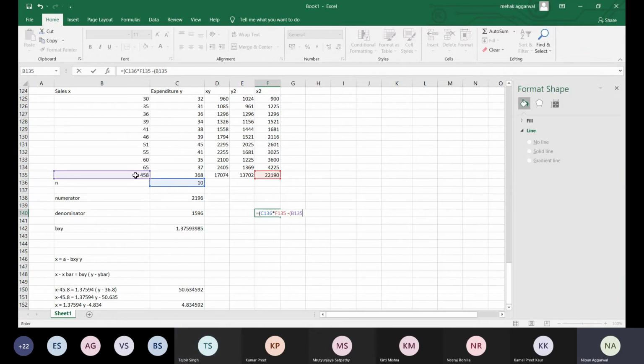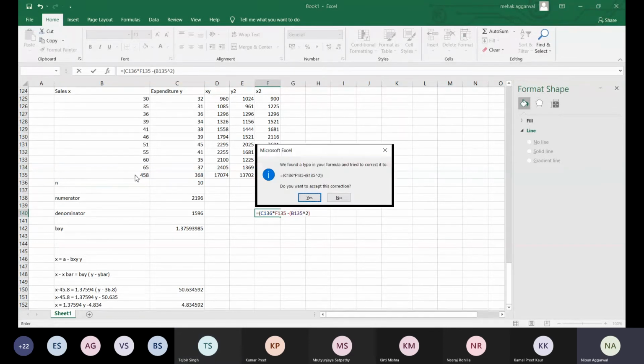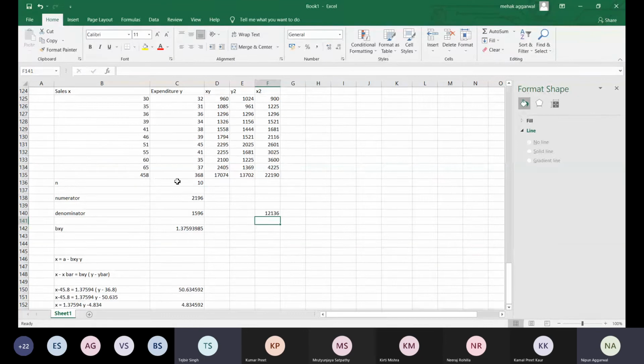The formula is n summation x square minus summation x whole square, raised to the power 2. That is 12136.